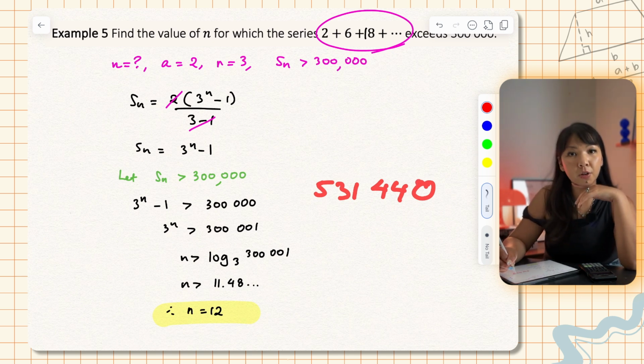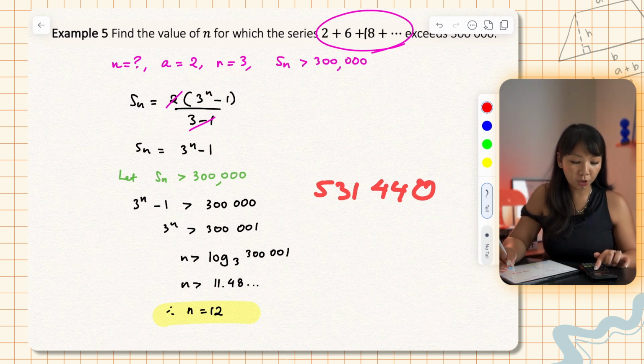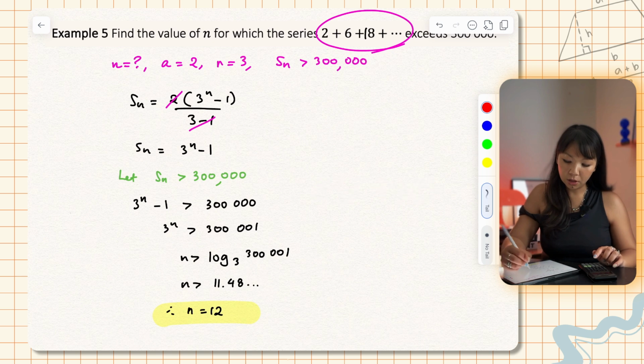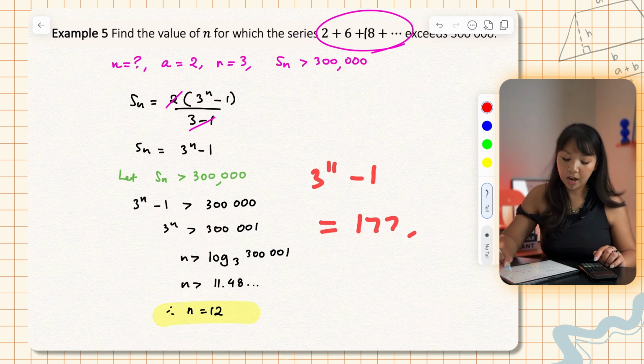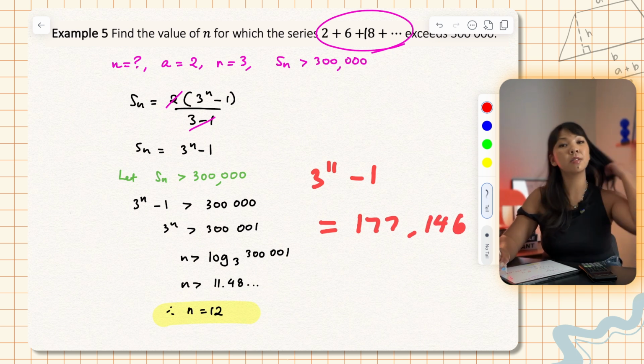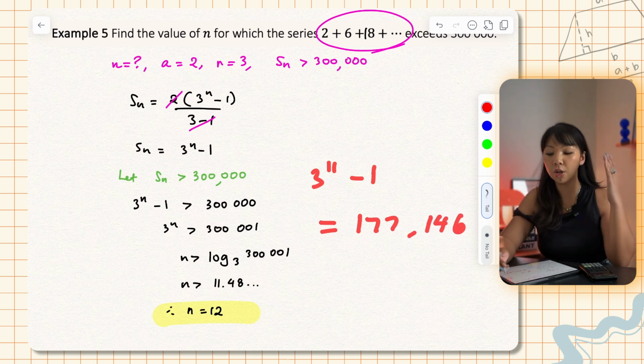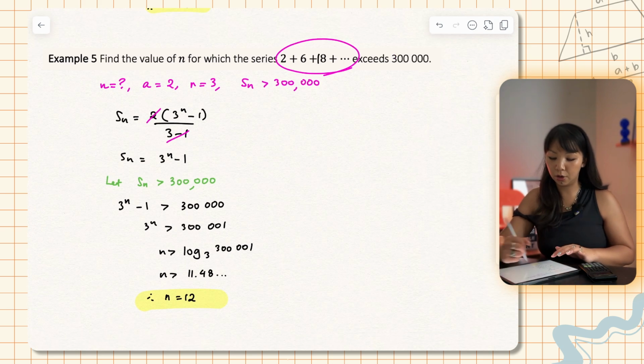But is it the first term to exceed 300,000? So let's plug in the value before it, which is N is equal to 11. So if I plug in 3 to the power of 11 minus 1, I actually get 177,000, which is less than 300,000. So that means this is indeed the correct answer.